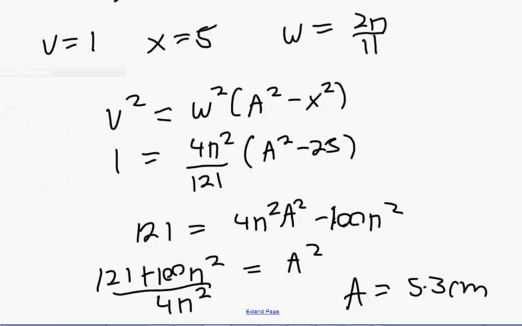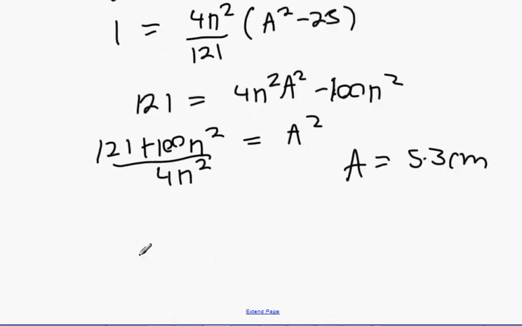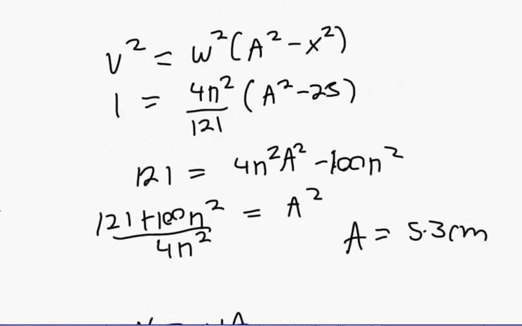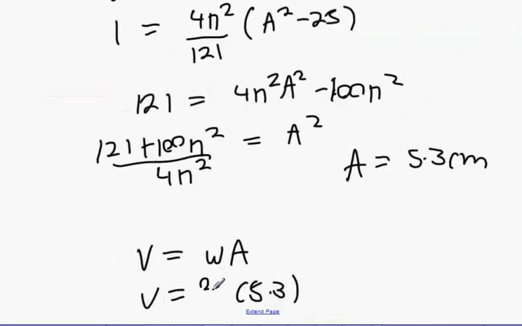The maximum velocity, v equals omega a, and v therefore is going to be 5.3 times omega. What's omega? 2 pi over 11. Put that into the calculator and we find that v equals 3.03 centimeters per second.